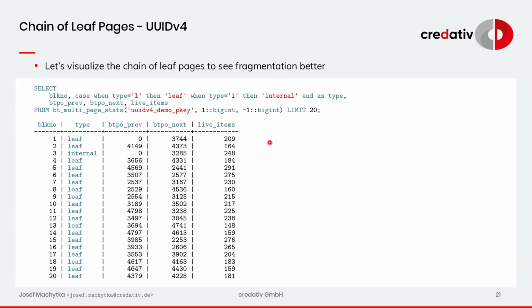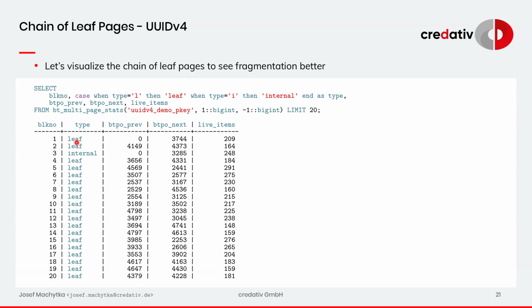So when I list the first 20 pages, not of course using that root page, you can see these pointers to the previous and next page. So here I have the first leaf page in that B3 index. The previous page is page 0, meaning the root index, but the next page is page 3744.